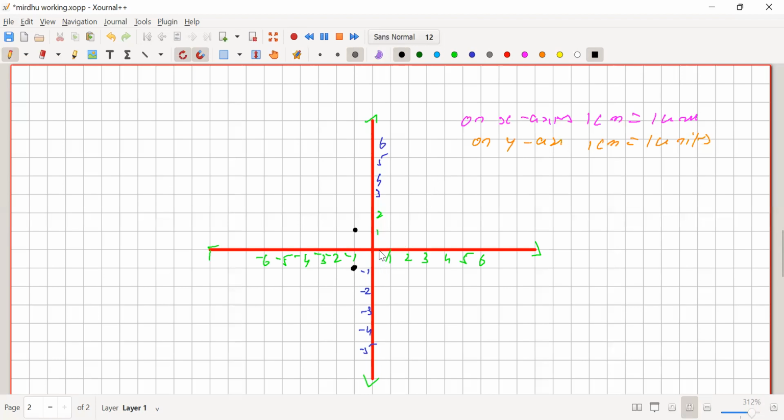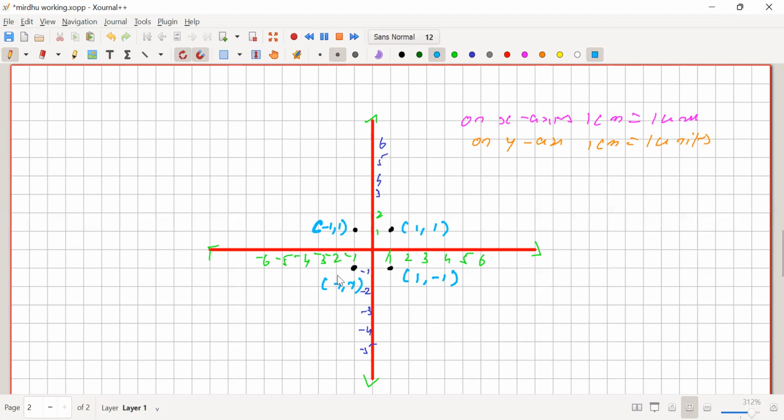Then 1 comma minus 1, this point. Then 1 comma 1, this point. Minus 1 comma 1, 1 comma 1, 1 comma minus 1, minus 1 comma minus 1. This is what we got for the previous question.